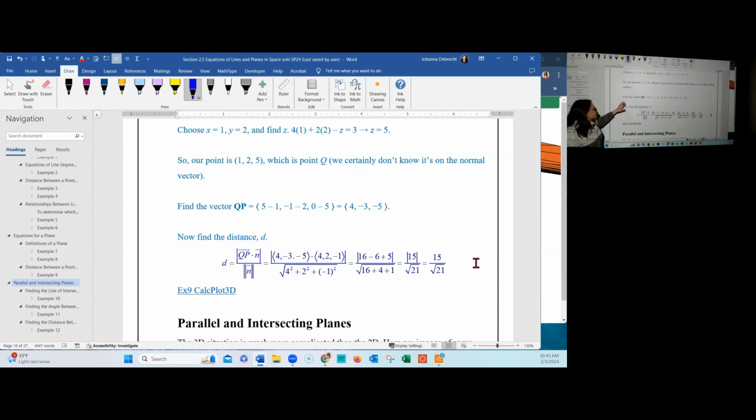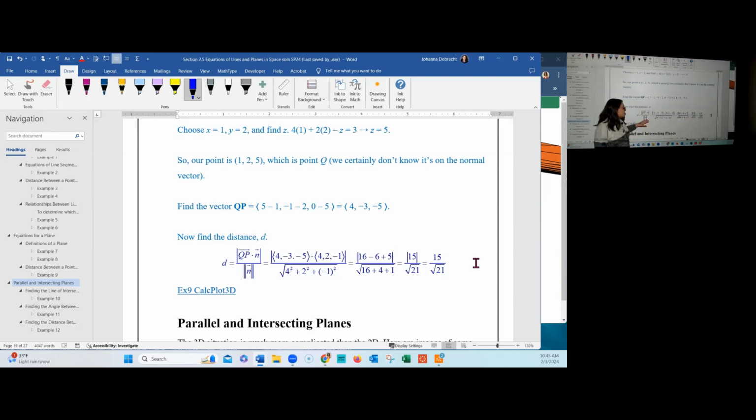So what we're going to do is find the vector QP, which is going to give us this vector, 4, -3, -5. And then to find the distance between the point P and the plane in which Q lies with normal vector n, we take the dot product of QP with n, and take the absolute value of it, which is going to give us 15.